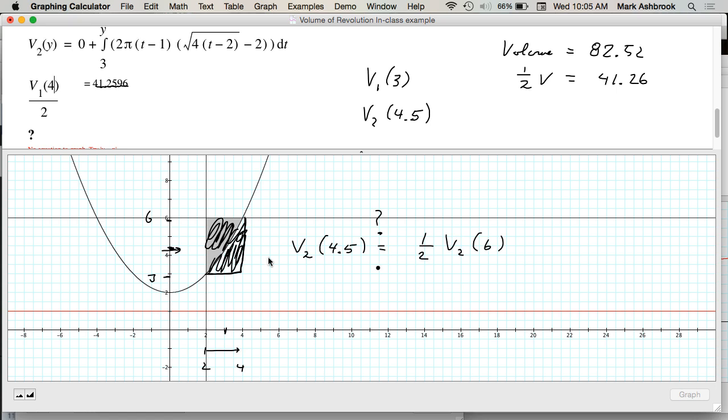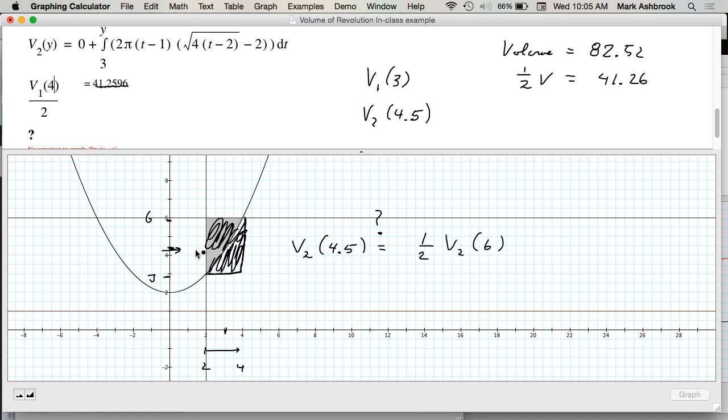Okay, yeah. So I have a symmetric region to start out with. But think about these shells in the first half. Their radii are smaller, right? So that's going to accumulate less than half the volume. When we get out here, the radii of the shells is greater.